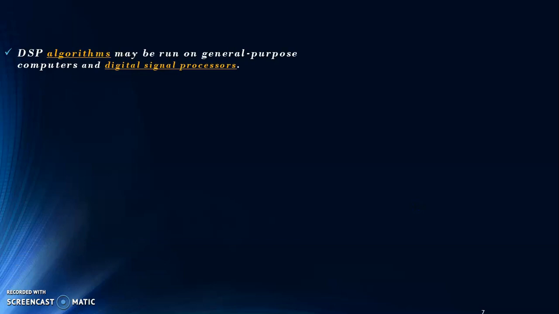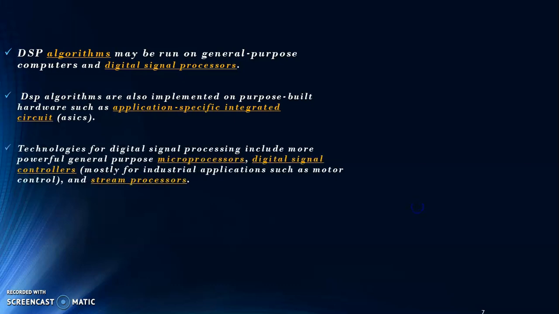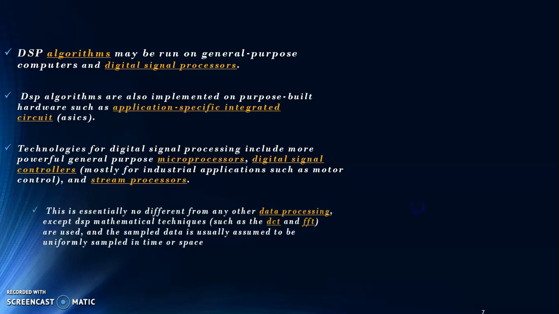Implementation. DSP algorithms may be run on general-purpose computers and digital signal processors. DSP algorithms are also implemented on purpose-built hardware such as application-specific integrated circuits. Technologies for digital signal processing include more powerful general-purpose microprocessors, digital signal controllers, and stream processors.